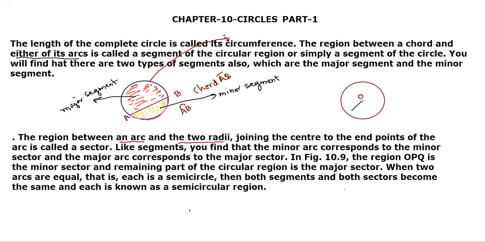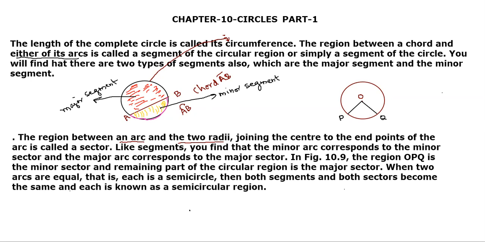Suppose this is one radius and another one is this radius. These are the two radii joining the center to points P and Q.